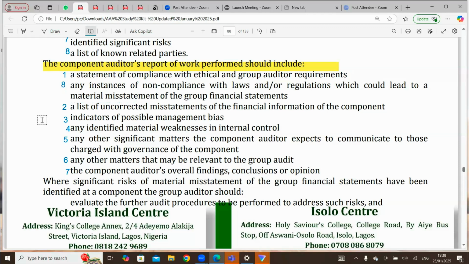Indicators of possible management bias. Any identified material weaknesses in internal control, any other significant matters the component auditor expects to communicate to those charged with governance of the component, any other matters that may be relevant to the group audit, and the component auditor's overall findings, conclusions, and opinions.